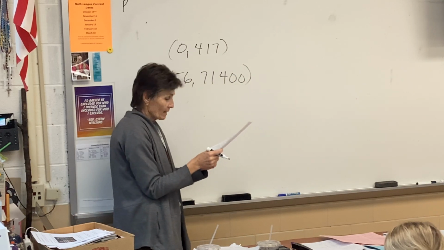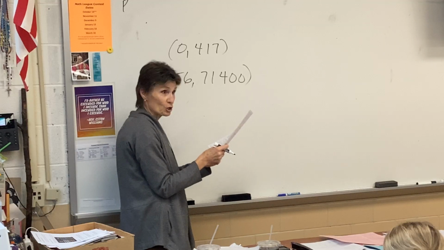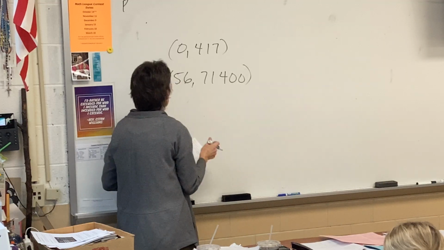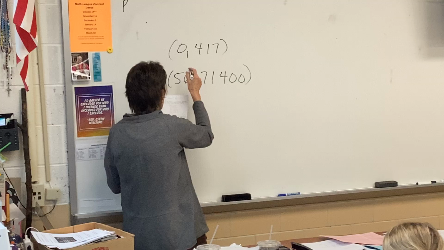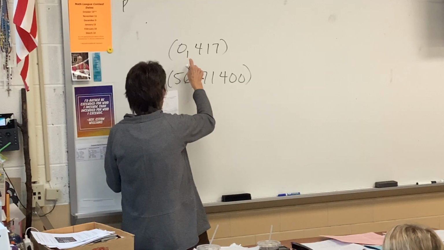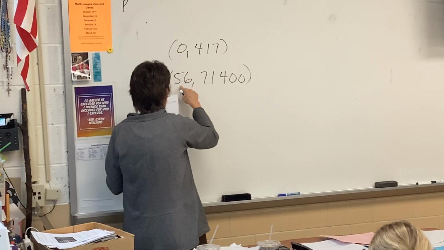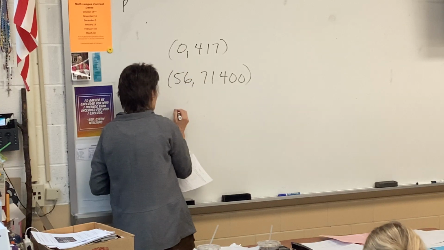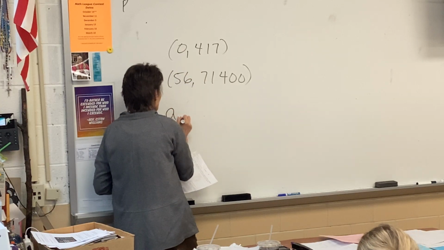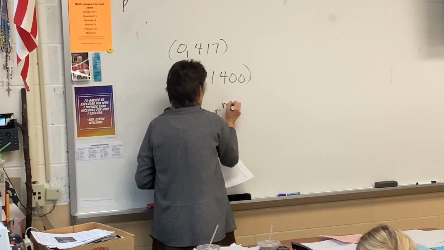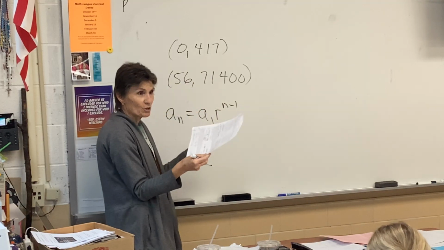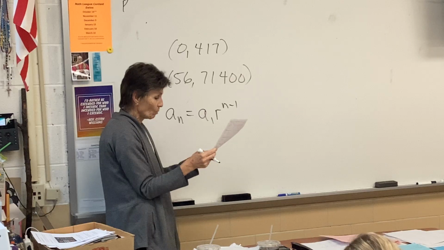That look all right? And then it says that it's geometric. So this was year 0. This was year 56, geometric sequence. So a sub n equals a sub 1 r to the n minus 1 would be my general formula for a geometric sequence.